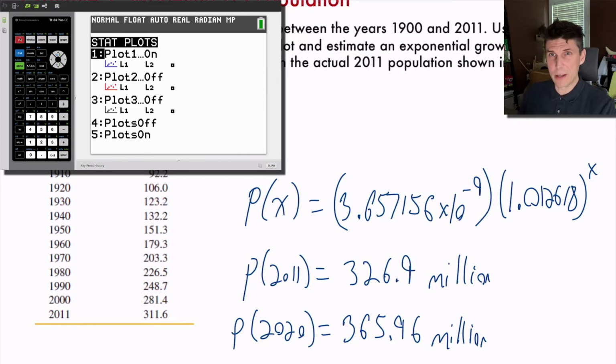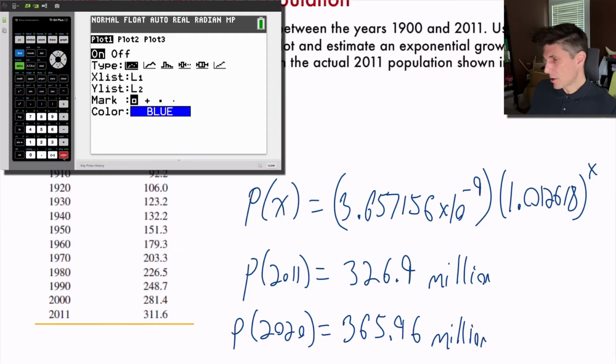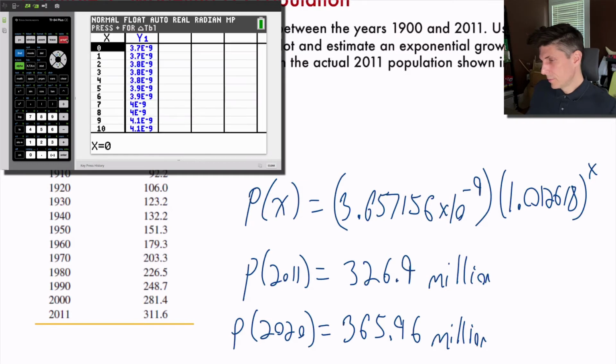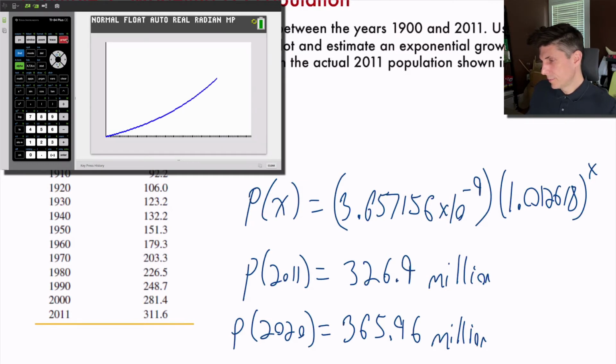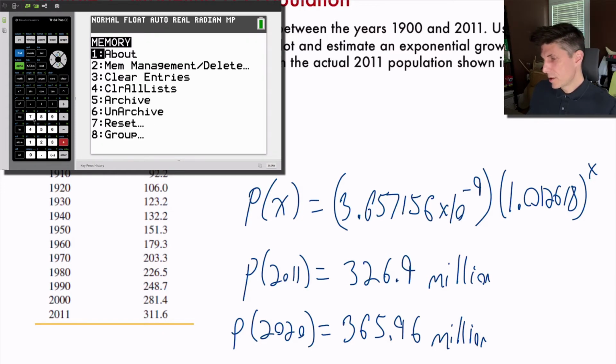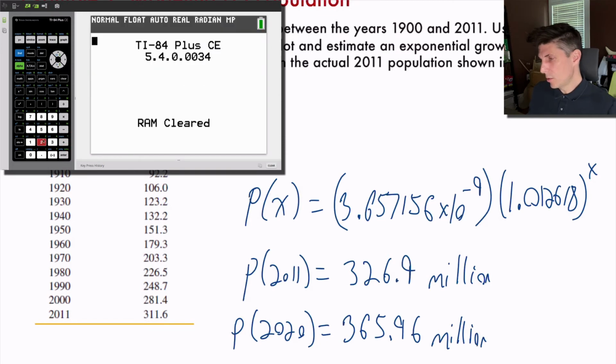So you can either reset the calculator when you go to use it for something else, or just come up here and turn your stat plots off by selecting that plot. Okay, so you don't see the plots anymore. And I'm going to go second plus 7, 1, 2, and I'm just erasing all that stuff that's on my calculator.